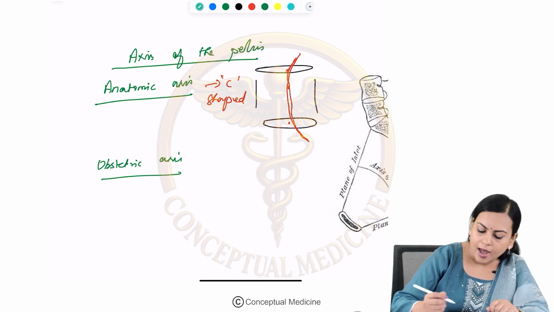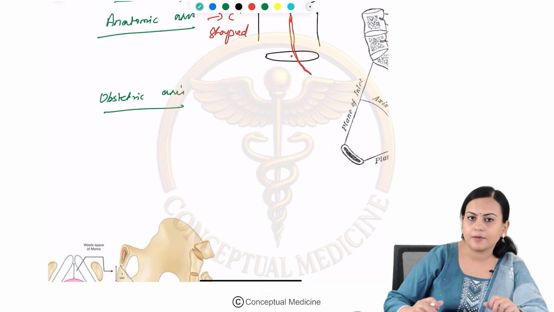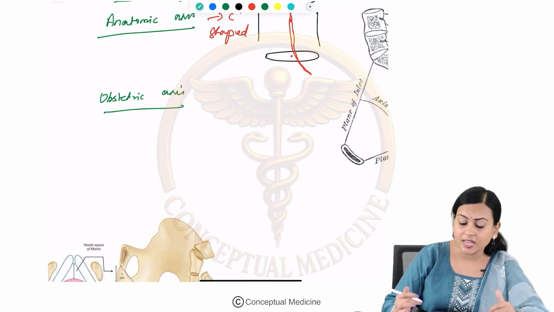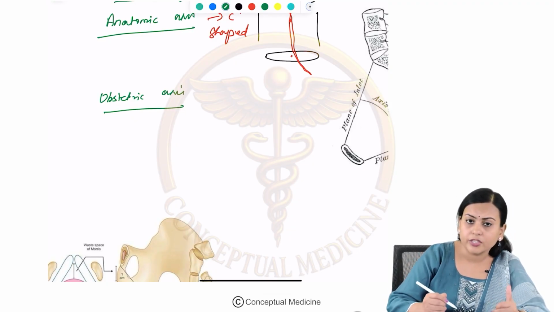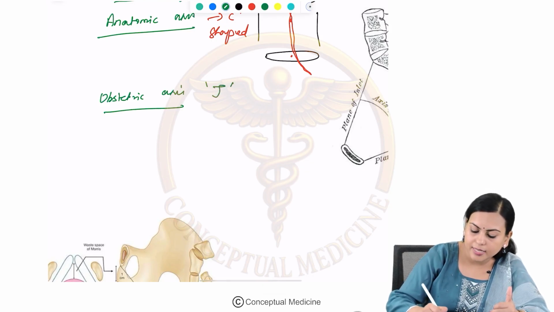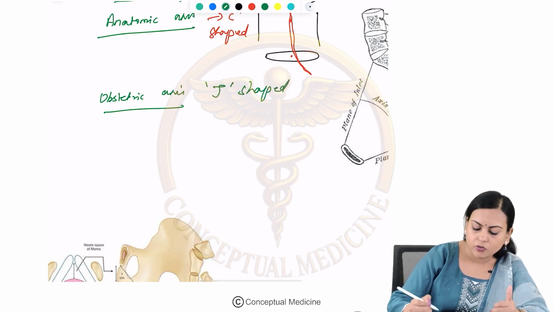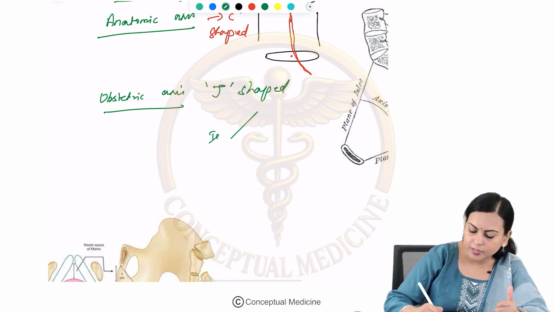Okay, and during pregnancy there will be some changes in the pelvis, and the path through which the fetus will pass through this pelvis also takes importance. So that is basically a J-shaped path. First it will pass downwards and backwards up to the ischial spines, right?